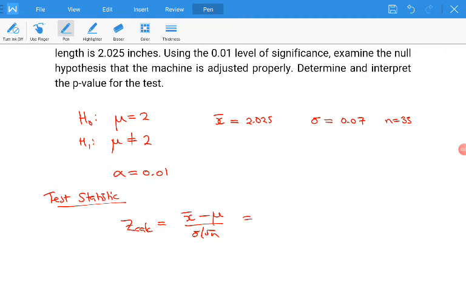So this is equal to 2.025 minus 2 over 0.07 over root 35, which is equal to 2.1129.